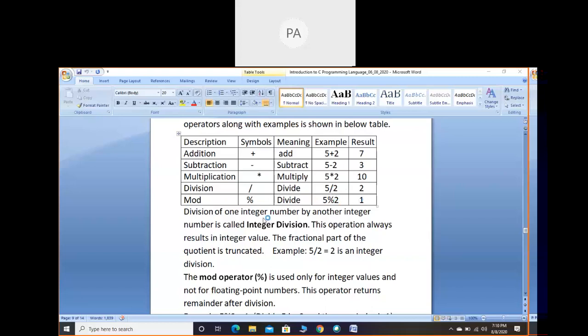Division of one integer number by another integer number is called integer division. This operation always results in an integer value. The fractional part of the quotient is truncated.